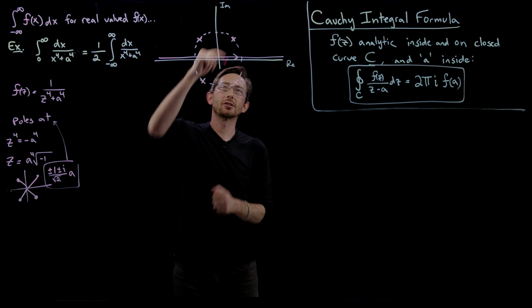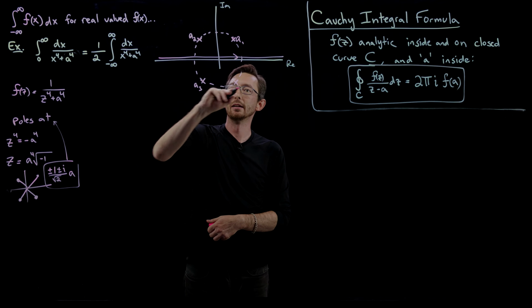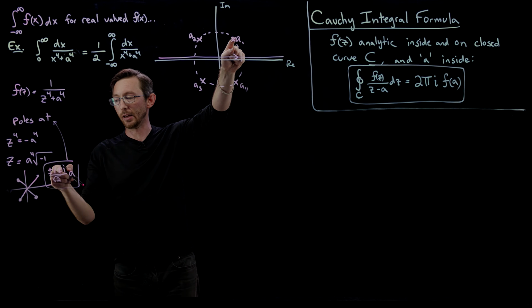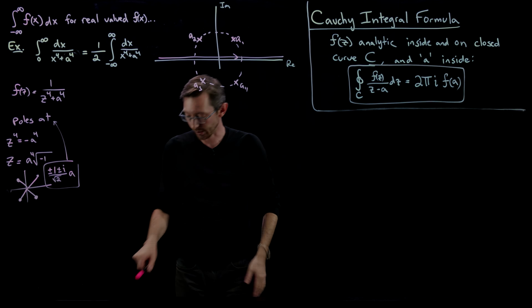And for simplicity, I'm just going to call these a1, a2, a3, a4, where a1 is (1 plus i) a over root 2. Okay, that's my definition here.